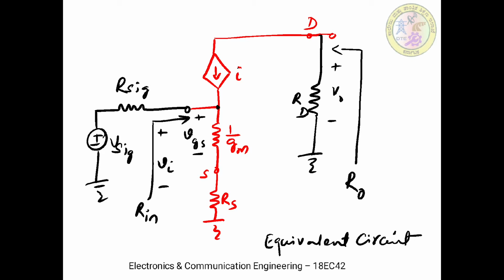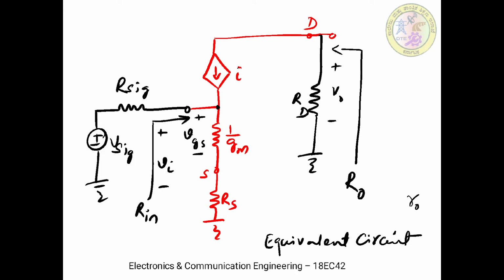Now here the effect of r0, that is the small r, the output resistance of the transistor, is not considered as it is a discrete amplifier analysis. So anyway r0 will be very much greater.